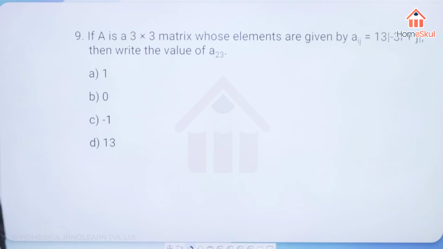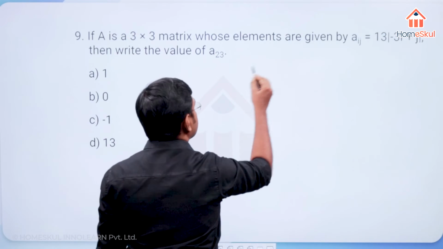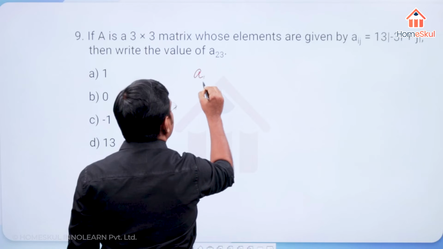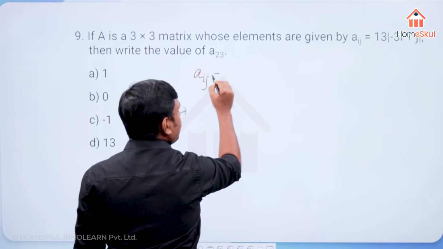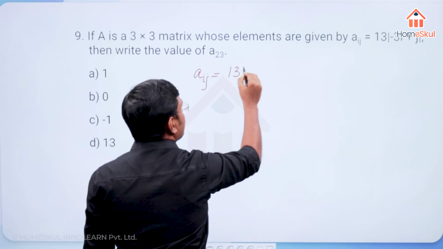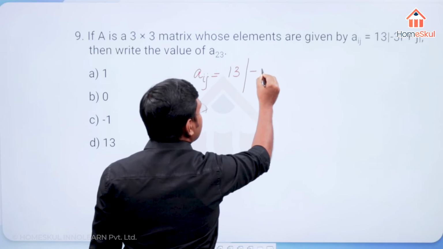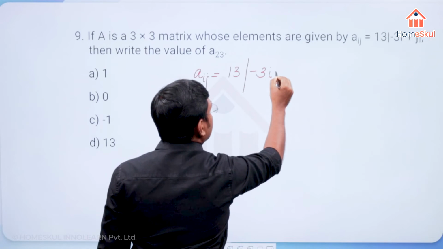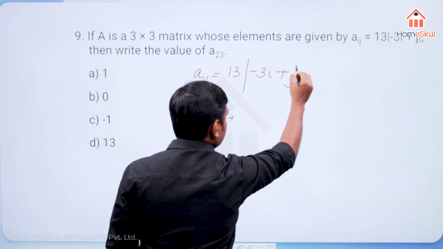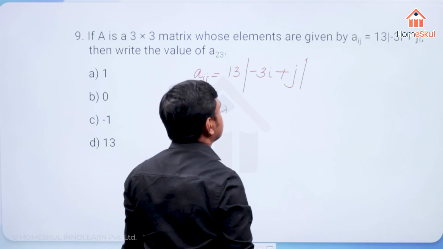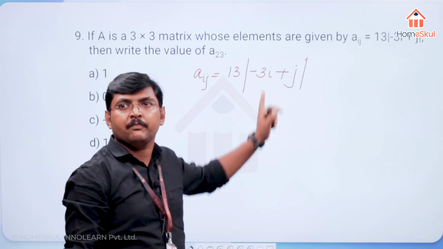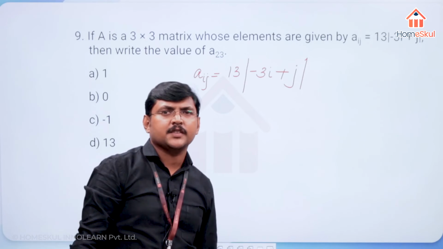Okay, I will explain that. I will give that frame: Aij is equal to 13 into mod of minus 3i plus j mod. Okay, absolute frame. Then now it is easy to solve, right?